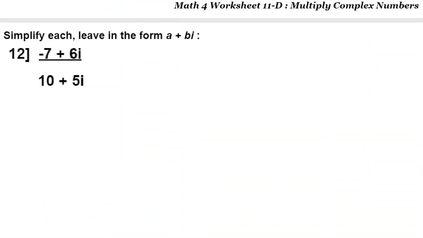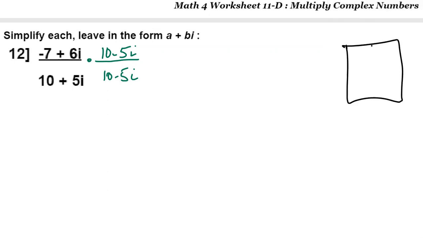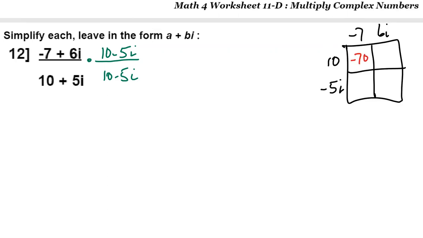Number last. And this is going to be one of those where we're going to have a party at the top and the party on the bottom. So starting out with the party on the top, negative 7, 6i, 10, negative 5i. 35i and 60i make 95i.